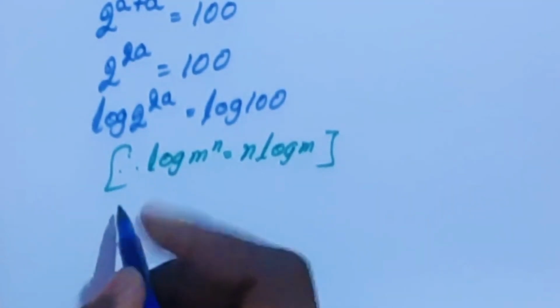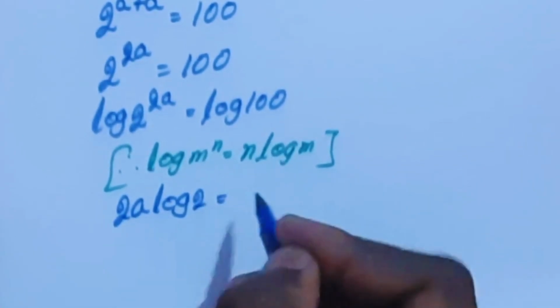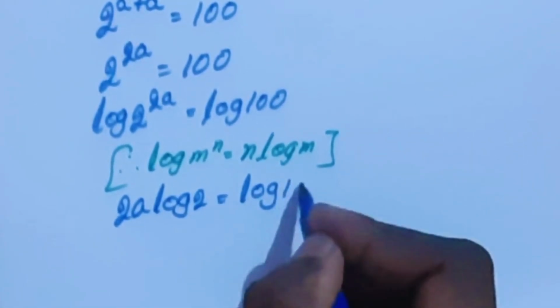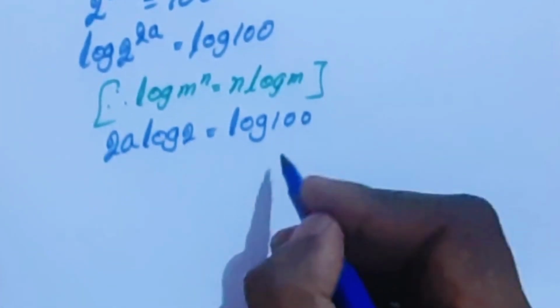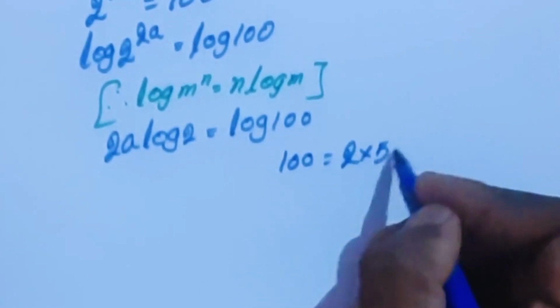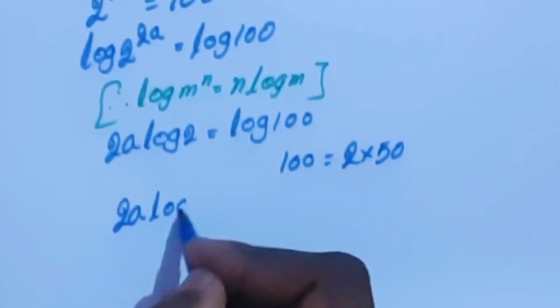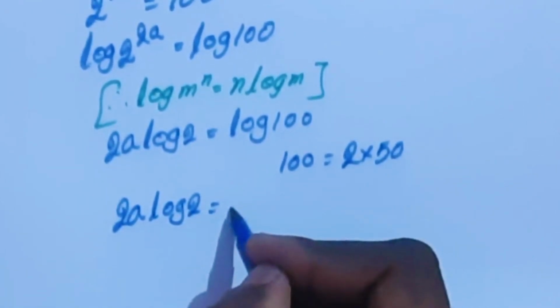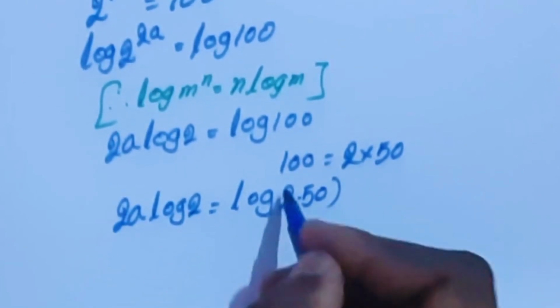So 2a log 2 equals log 100. Now this 100 can be written as 2 times 50. So 2a log 2 equals log (2 times 50).